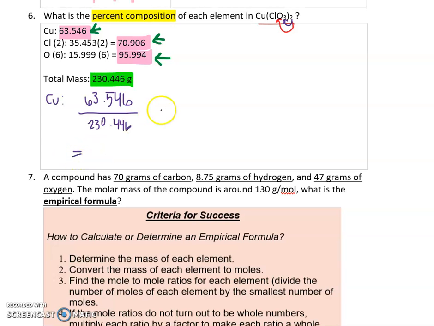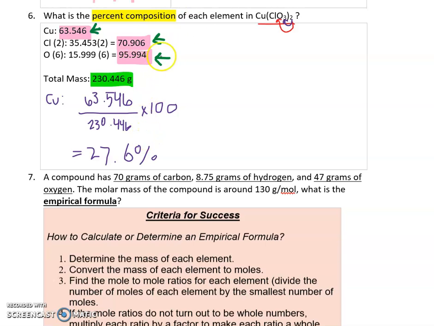Then I have to multiply that by 100 because it is a percent composition, so percent means times 100. So now I go into my calculator: 63.546 divided by 230.446 is approximately 0.276, times 100 is equal to 27.6%.